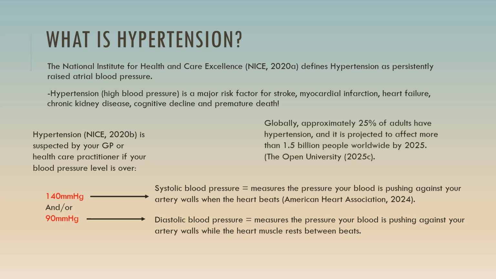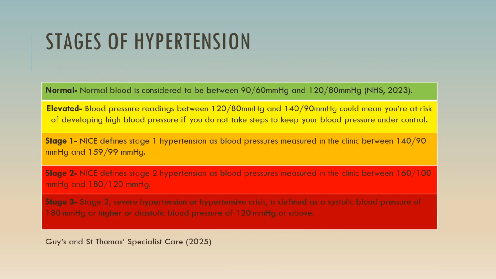Globally, approximately 25% of adults have hypertension, and it is projected to affect more than 1.5 billion people worldwide by 2025. Stages of hypertension. Normal blood pressure is between 90/60 and 120/80. Elevated blood pressure, or prehypertension, is between 120/80 and 140/90.